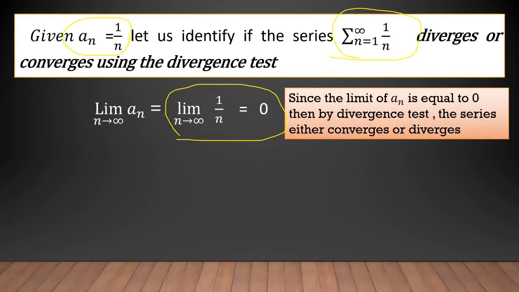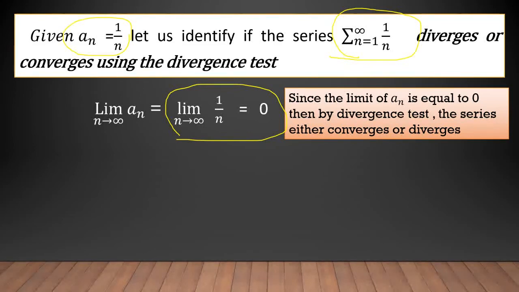Instead, it will only tell us that the series is either convergent or divergent. It will depend, so we have to take a closer look and analyze the series. So for example, this one.